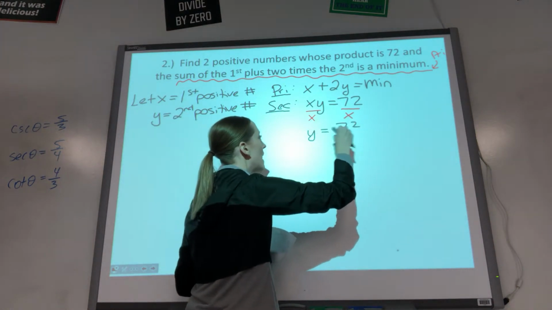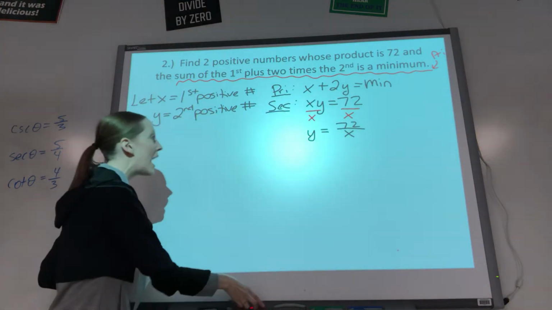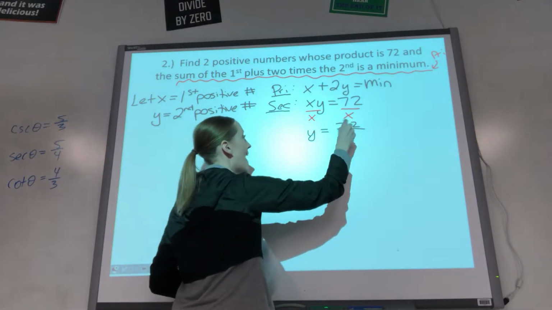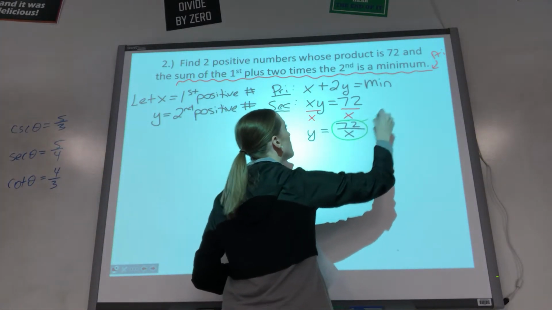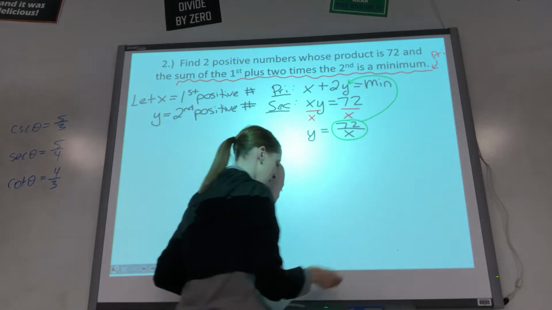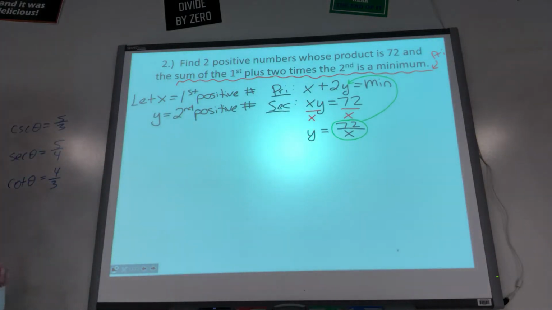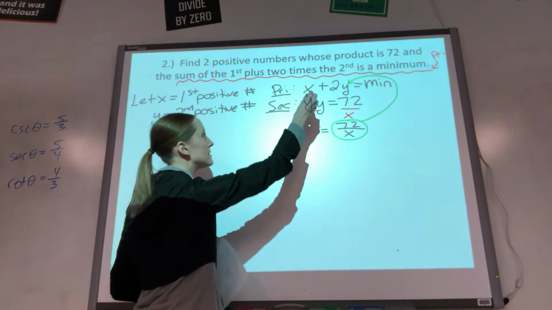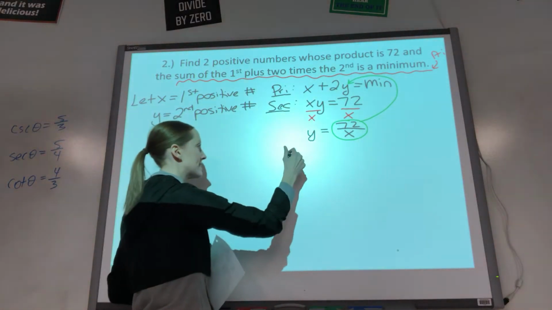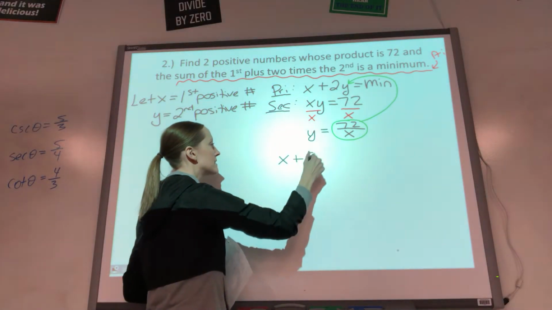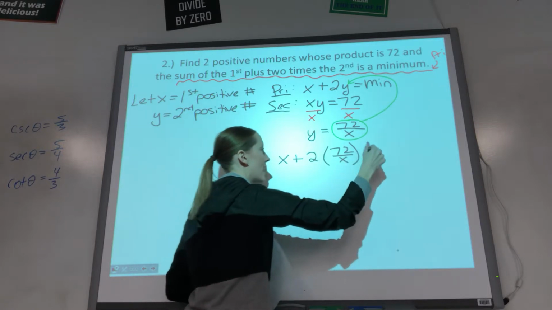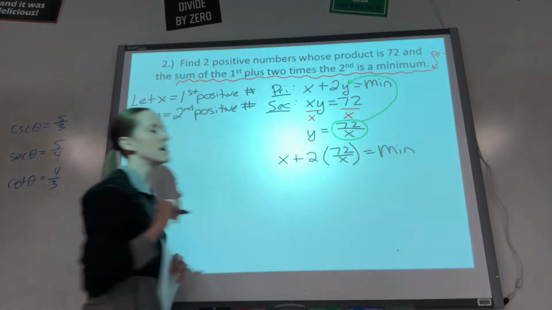So when I do that, it says y equals 72 divided by x. That is what I need to plug back into my primary equation. So wherever I see y up there, I'm replacing it with 72 over x. Now it says x plus 2 times 72 over x equals a minimum.